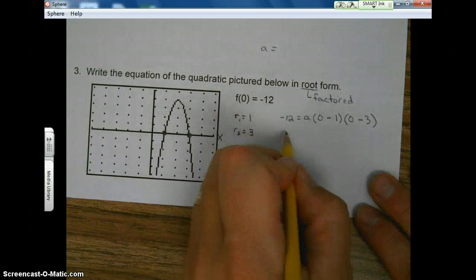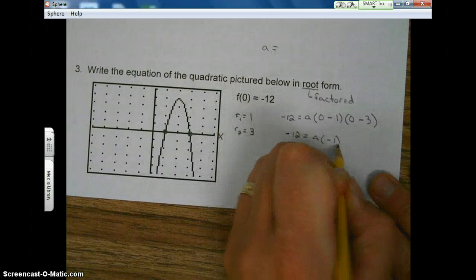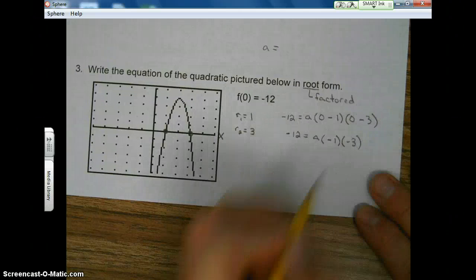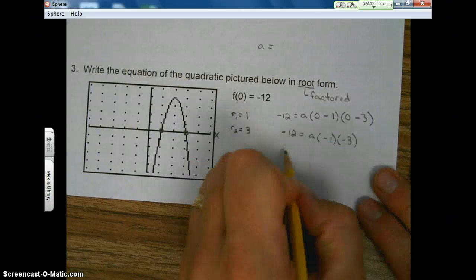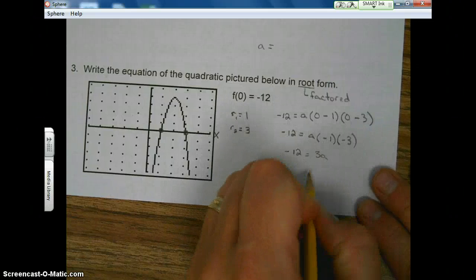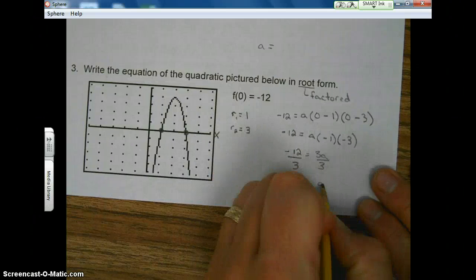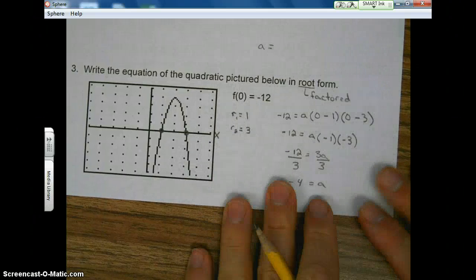So we get negative 12 equals a times negative 1 times negative 3. So we get 3a equals negative 12. So a equals negative 4.